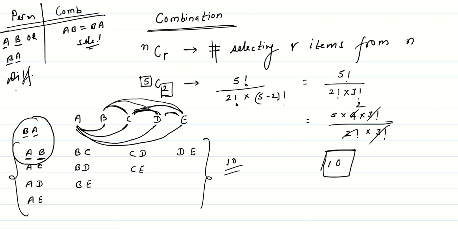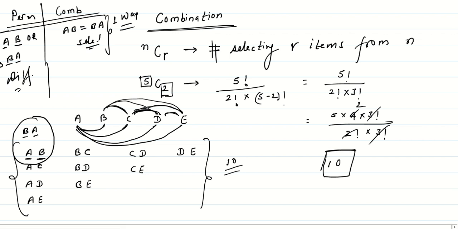Do you know why? Because in the permutation, the order in which you put the person in matters. So here I'll count two different ways in the permutation. In the combination, I'll count only one way. In the permutation, I'll count two ways.